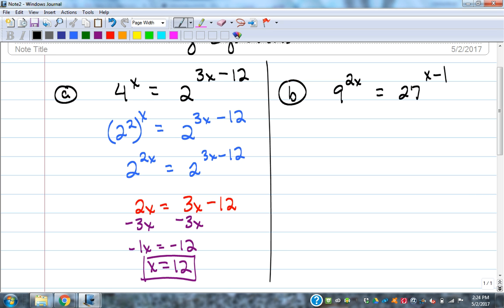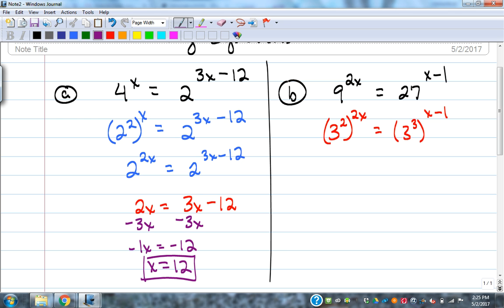So we could rewrite them with a base of 3 because they're related by 3's. So 9 becomes 3 squared. So I'm rewriting that problem. 27 becomes 3 to the third.